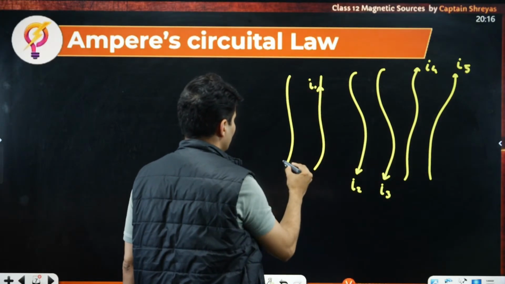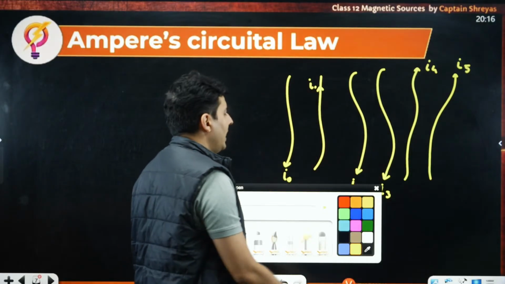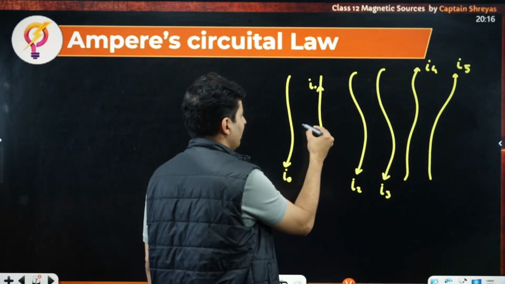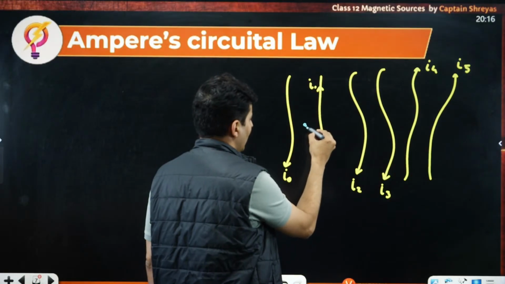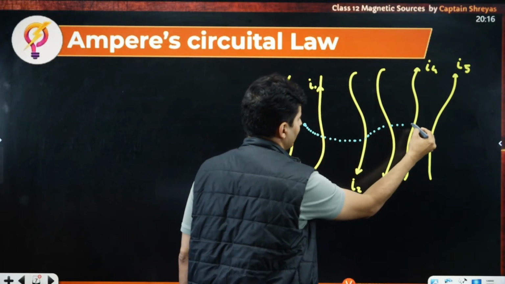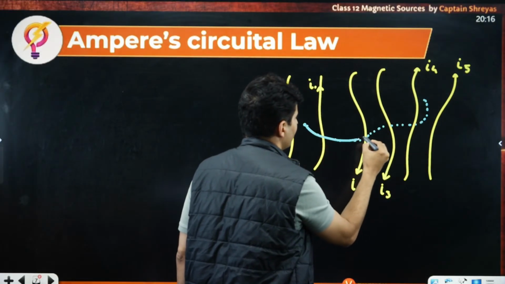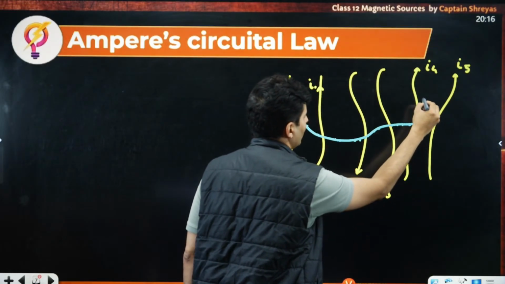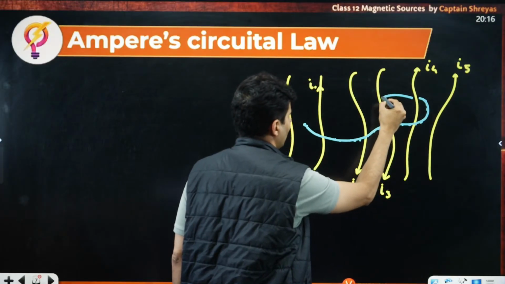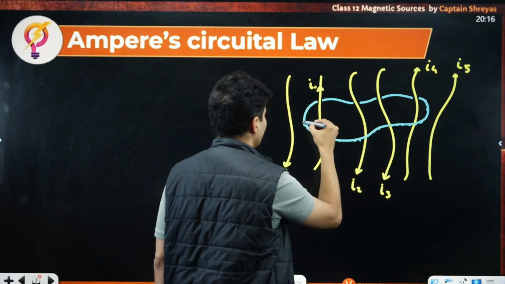I'm just drawing some currents I0, I1, I2, I3 like that, and I start my journey from this particular point, moving like this. Then after this I take a turn and come back, because I want a closed path. This Ampere's law only works for closed paths. Please keep that in mind.